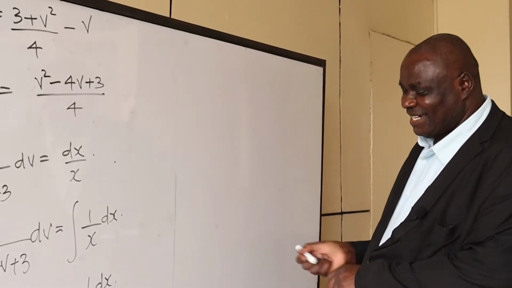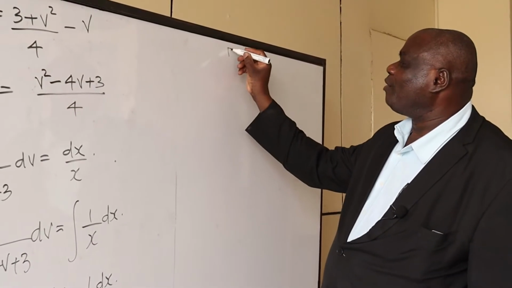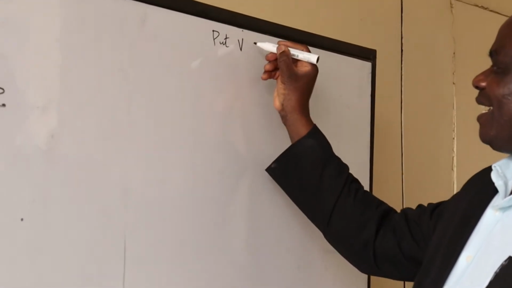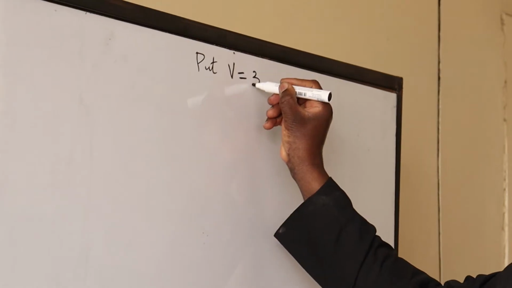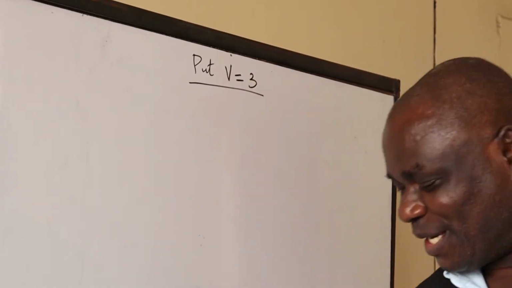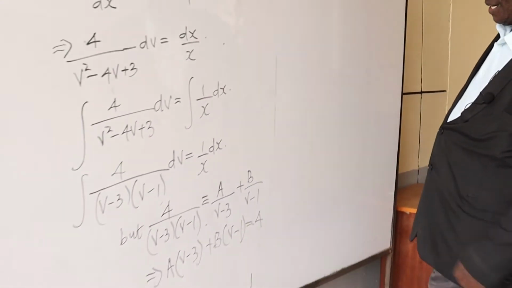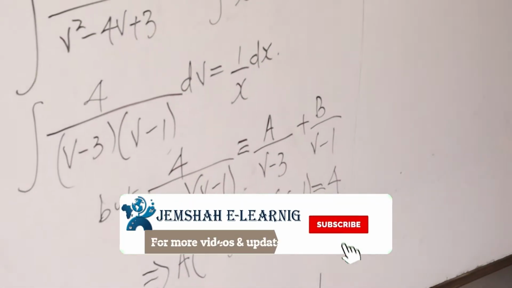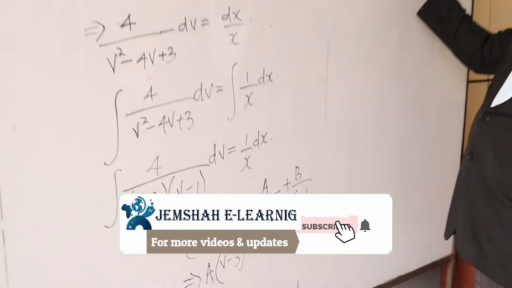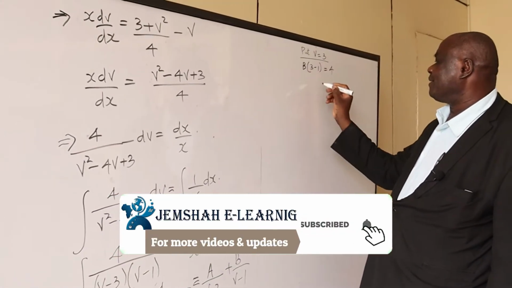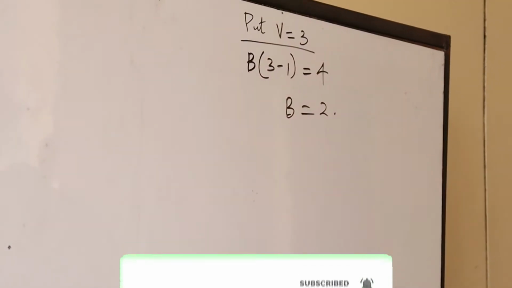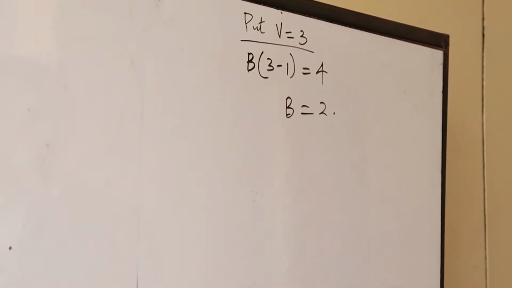So we can say put v is equal to 3 in this expression. When we put v equal to 3, B into 3 minus 1 is equal to 4. So our B will be equal to 2.